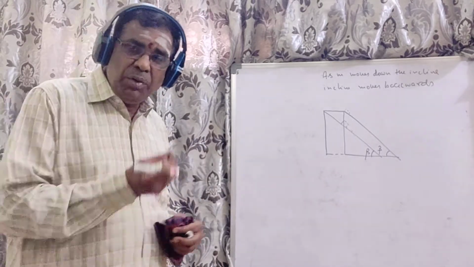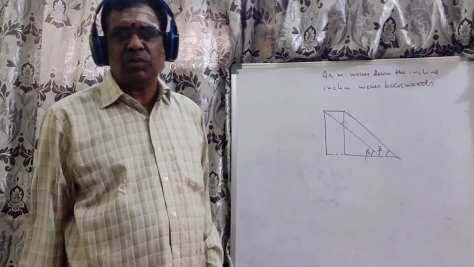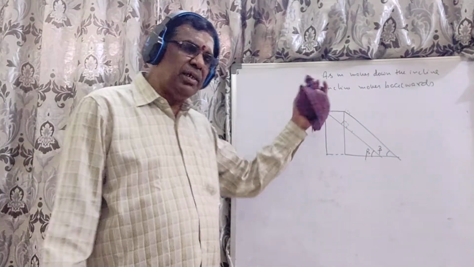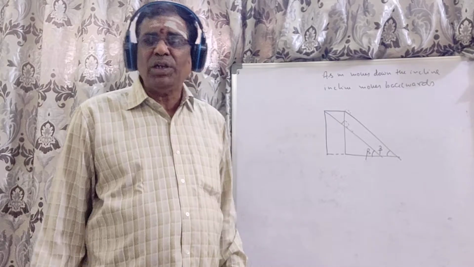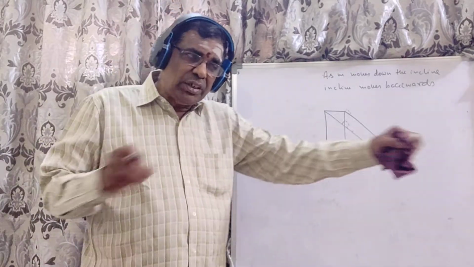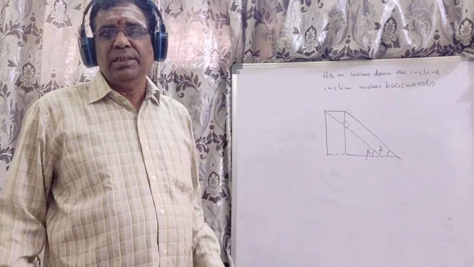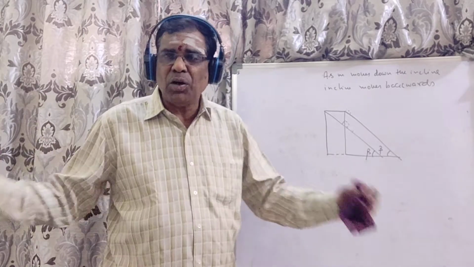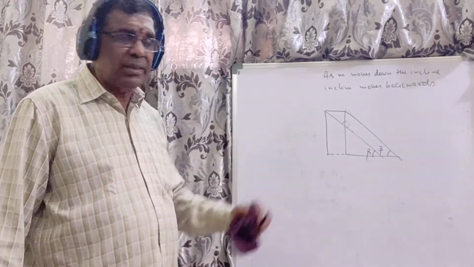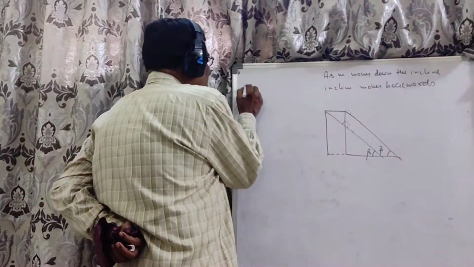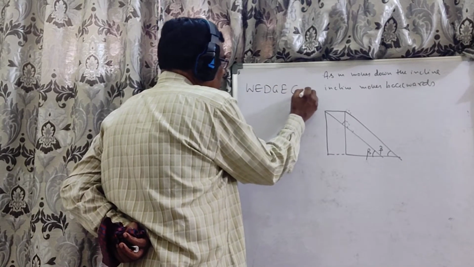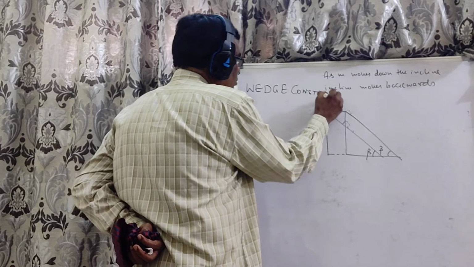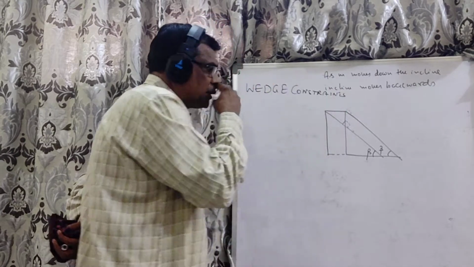If I am able to get it, I will call that a constraint equation, as we have done in the case of pulleys, strings, ropes, chains, etc. The condition there was that the total length of the rope is constant. It was an inextensible rope. Here, what is the constraint? This is a wedge. Therefore, these are called wedge constraints.